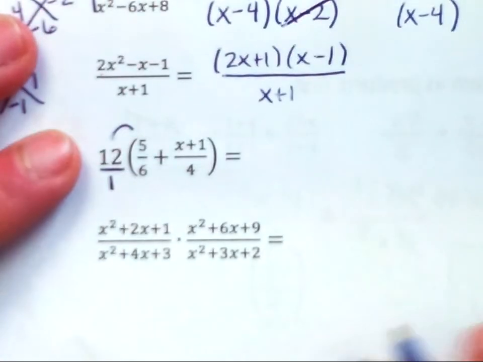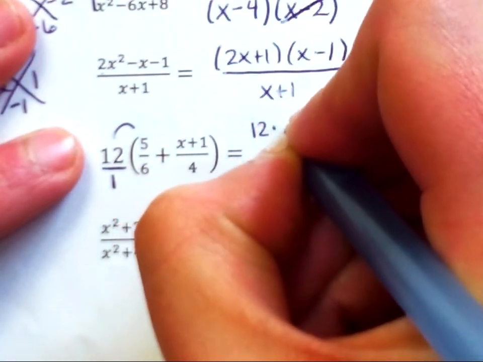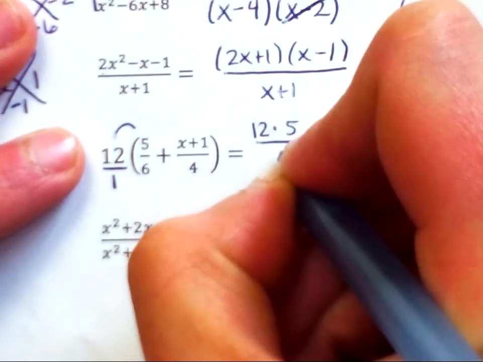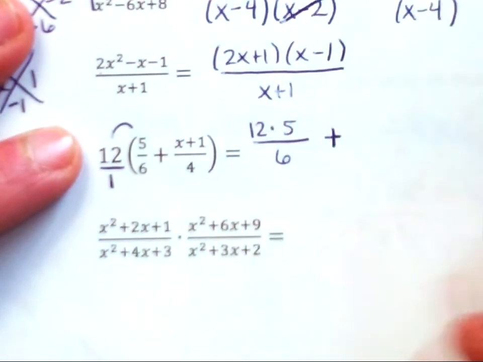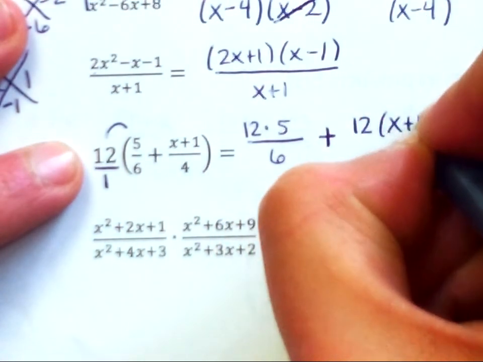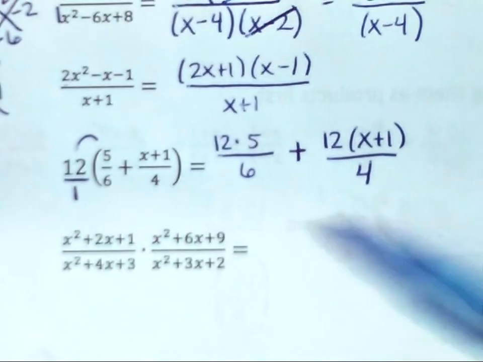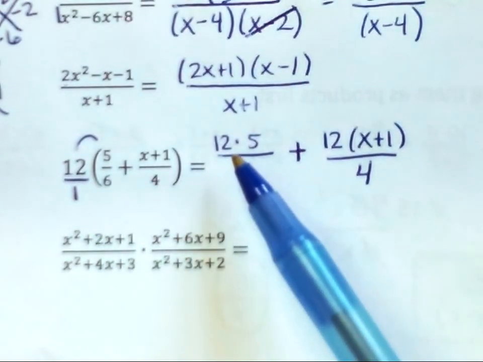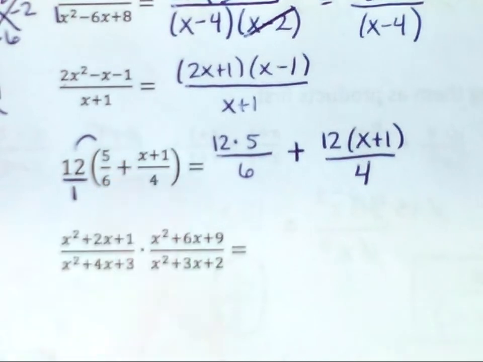So for now I'm just going to rewrite this as 12 times 5 over 6, and then plus 12 times x plus 1 over 4. So I've just taken the 12 and I've inserted it as a factor to the numerator of each of these fractions.